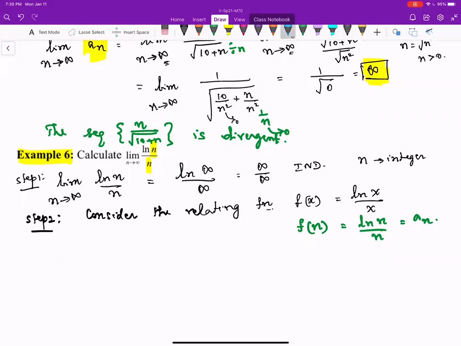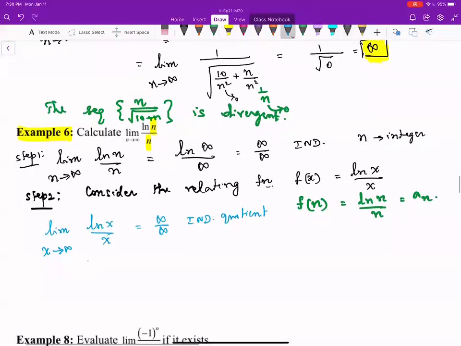So let's apply limit x approaching infinity, ln x over x, which is again infinity over infinity, which is an indeterminate quotient. So apply L'Hopital rule. L'Hopital rule is the limit as x approaching infinity of the derivative of the numerator over the derivative of the denominator.